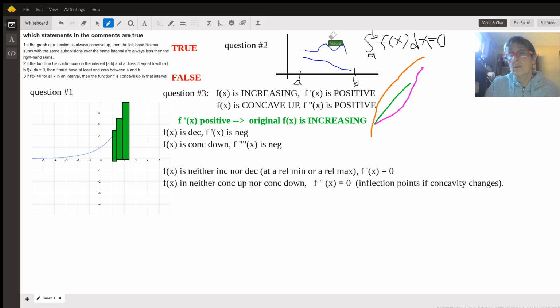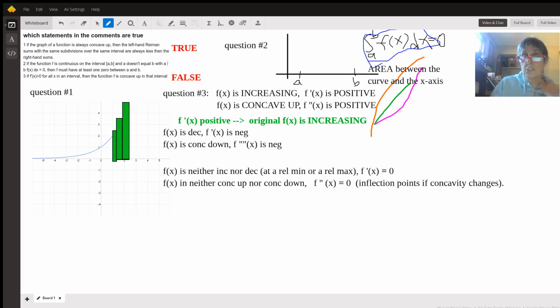Well, the thing about integrals is that they represent the area under the curve. This is the area, but I don't like that word because sometimes it's above. This is the area between the curve and the x-axis.